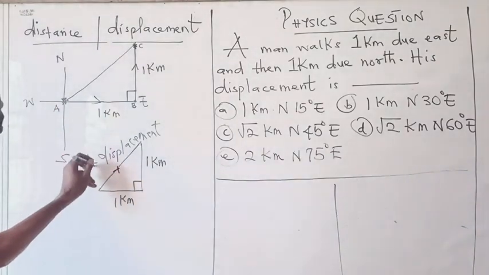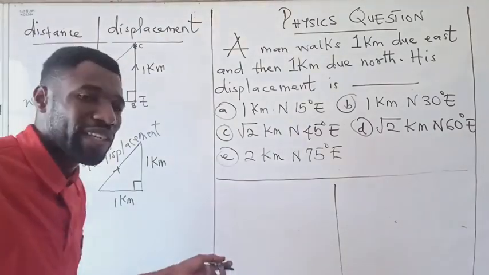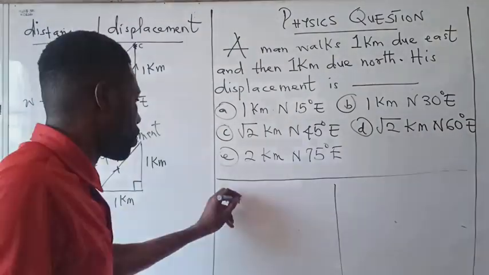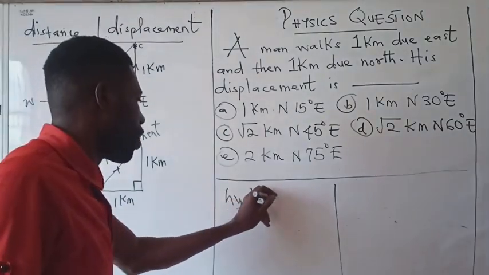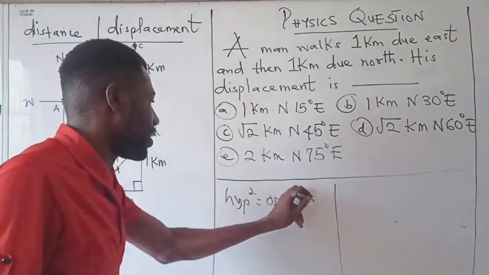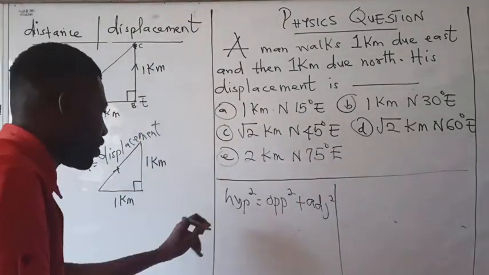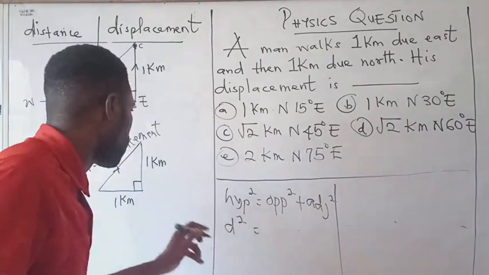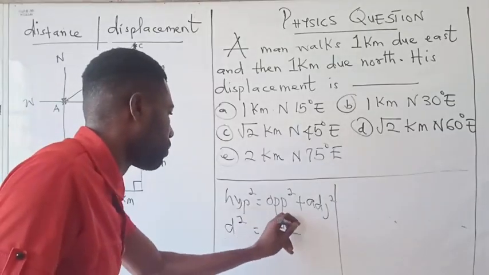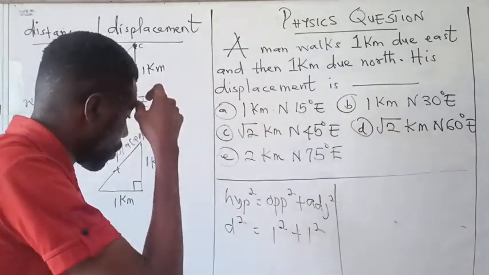Let's call it D, for displacement. In Pythagoras theorem, the hypotenuse squared equals the opposite squared plus the adjacent squared. The hypotenuse is our D, so we have D squared equals 1 squared plus 1 squared. Now what do we have?